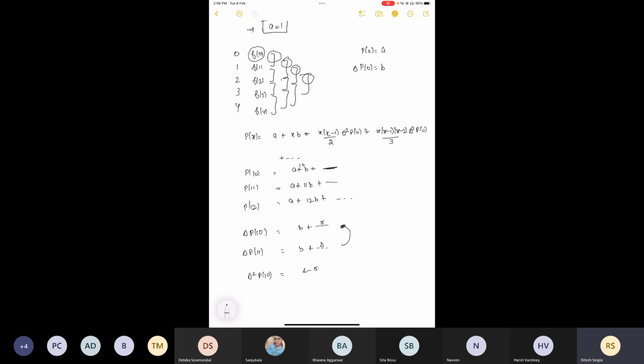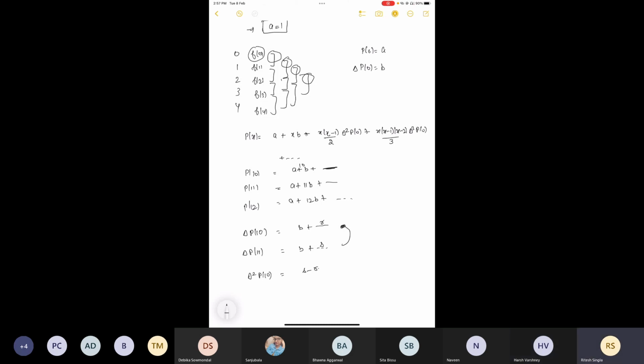I think it must have been taught in the class that f of x naught x1 up to x of n is more or less related to f^n of x, which means the nth derivative of f. Is it clear? Yes, sir.